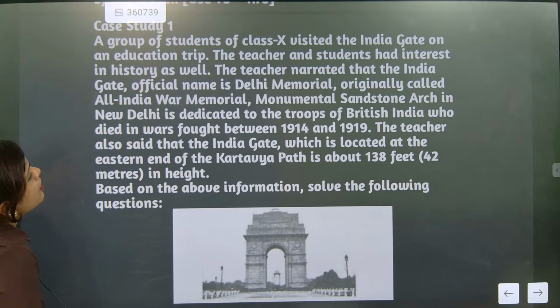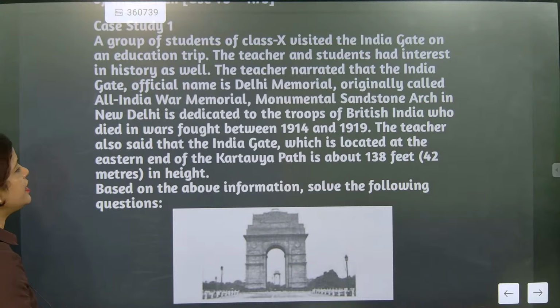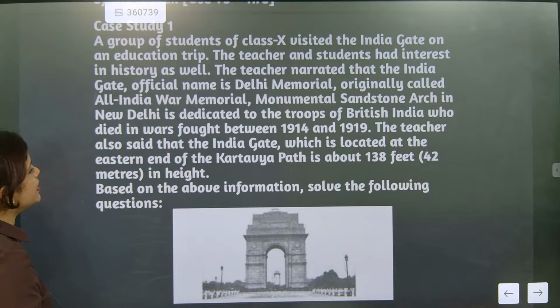Monumental sandstone arch in New Delhi is dedicated to troops of British India who died in wars fought between 1914 to 1919. The teacher also said that the India Gate, which is located at the eastern end of the Kartavya Path, is about 138 feet, 42 meters in height.